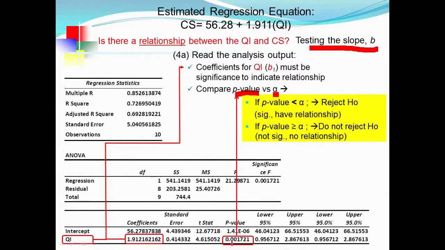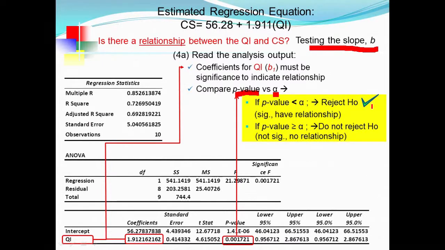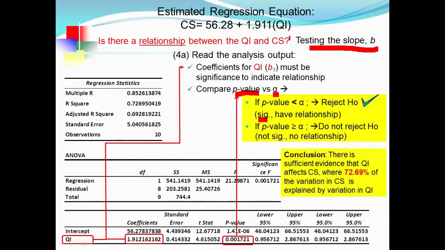So now 0.0017 is very small compared to the alpha. So the decision is we reject the null hypothesis, meaning that we believe there is a significant relationship between quality inspection and customer satisfaction. Next, we are going to make a conclusion.